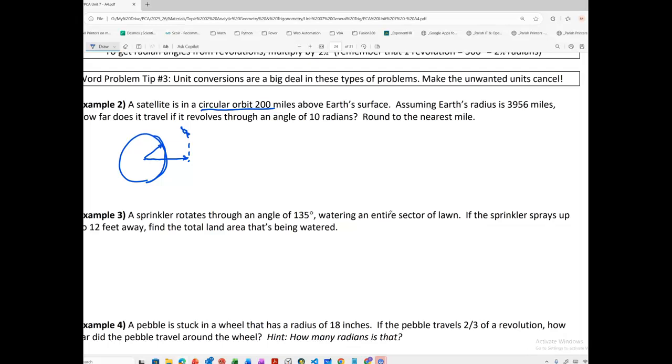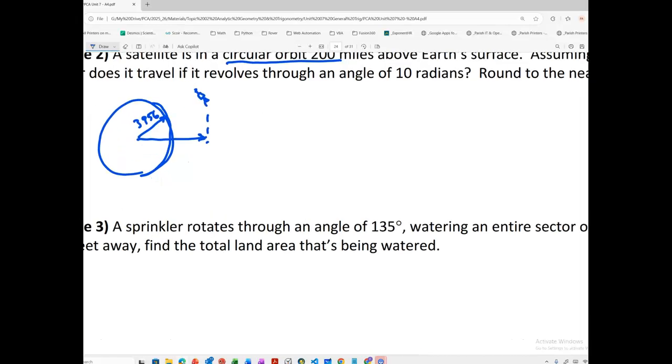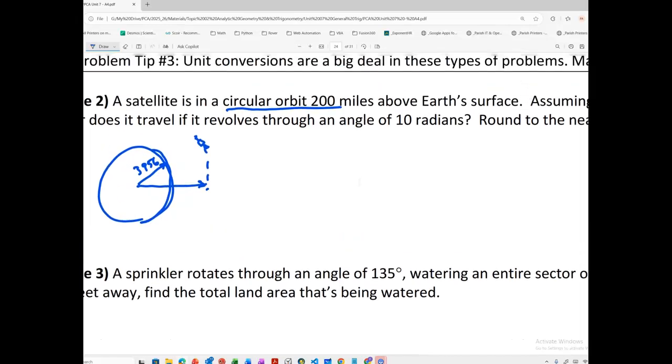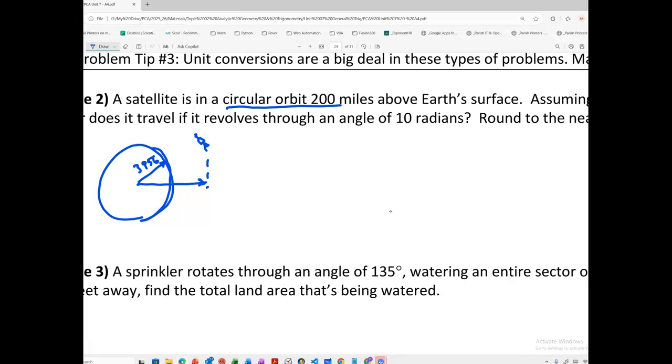Does that make sense? Okay. So assuming the Earth's radius is 3,956 miles, there's my Earth's radius. We're going to add 200 on, so the radius of the satellite's going to be how much? 4156, right? Add 200 on there.